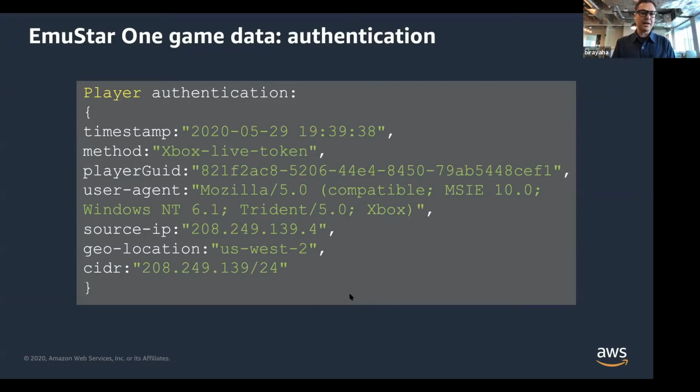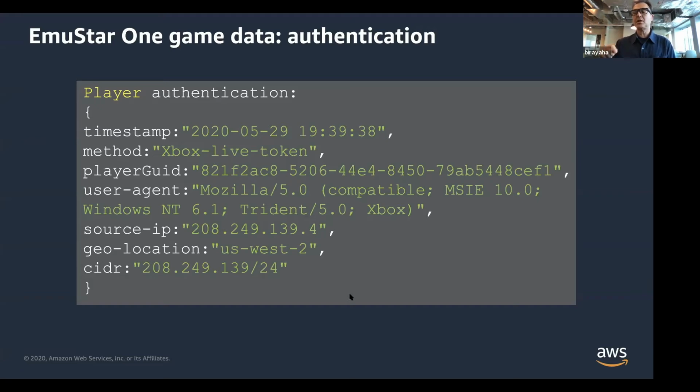So in the first data set, we have the player authentication. This is the authentication transaction. As I said, there is a timestamp of when the player came, and in this case the authentication method was the Xbox Live token.